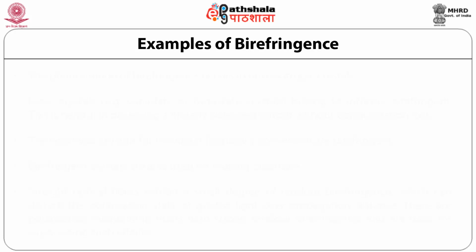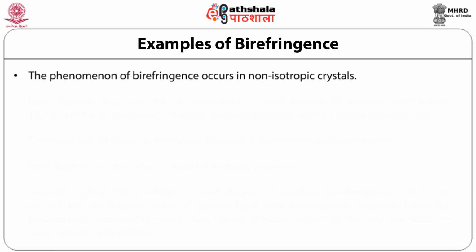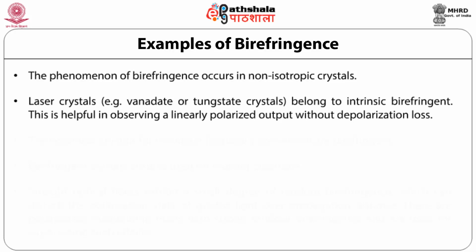Examples of birefringence. The phenomenon of birefringence occurs in non-isotropic crystals. Below are a few examples. Laser crystals, including vanadate or tungstate crystals, belong to intrinsic birefringent materials.